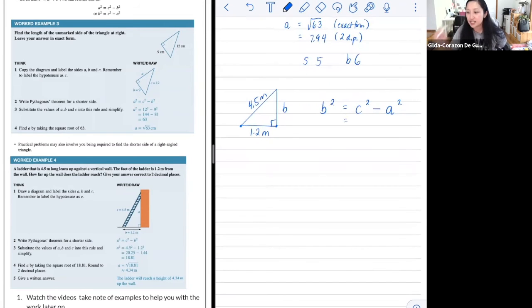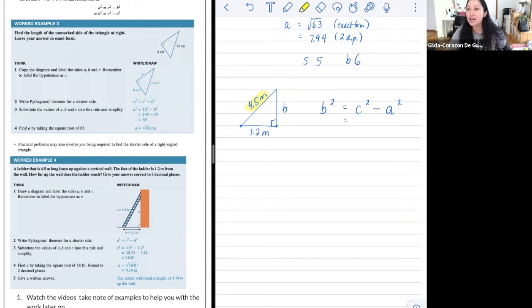Which one is C? And how do I know that that's the C? 4.5, yes. Why do I know that that's my C? It's the longest side, but how do I know it's the longest side? Maybe B is the longest side. Maybe B, for all I know, is 7.2346. I just invented that number. It's the hypotenuse.